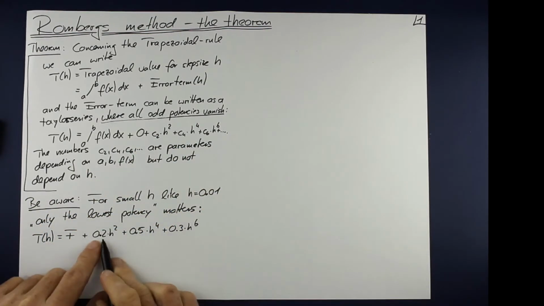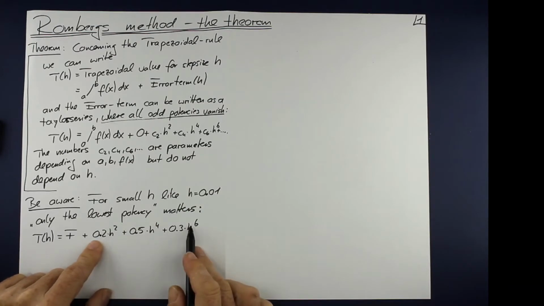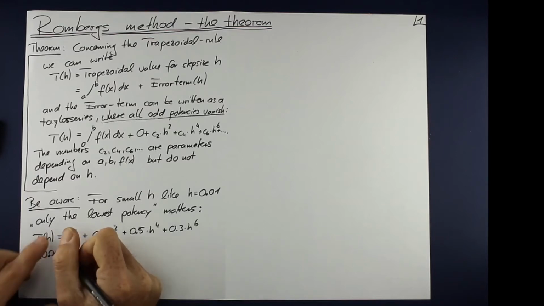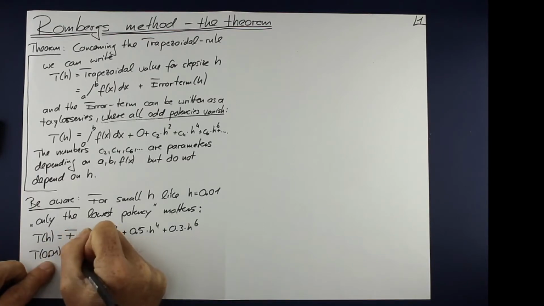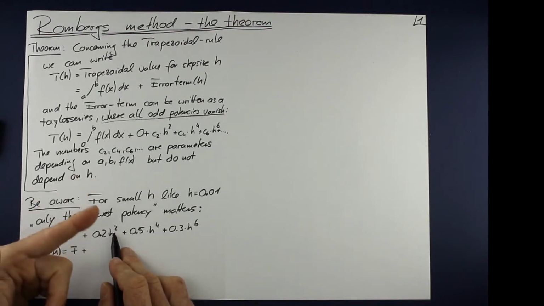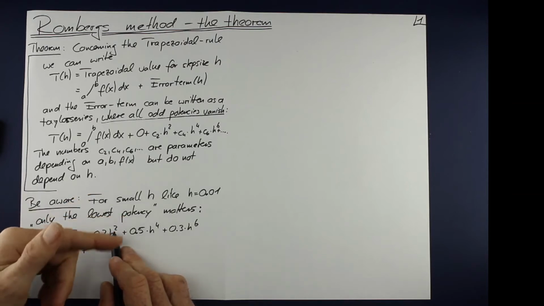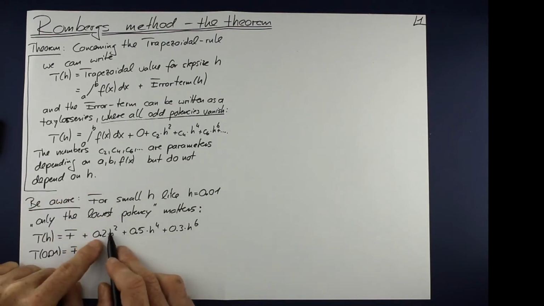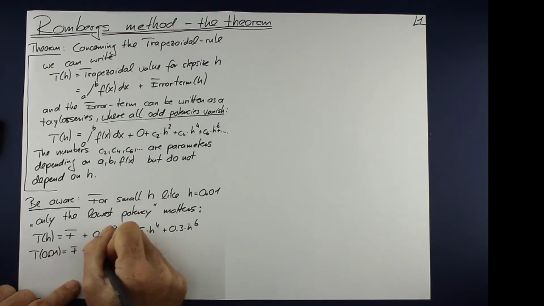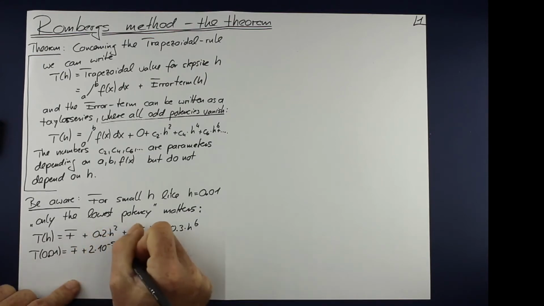Let's assume that this is the error term. Then what will happen? If we use h to be 1 divided by 100, then we get 0.2 times 1 divided by 100 squared. This is 1 divided by 10,000, and this is 10 to the power of minus 4, and so we get 2 times 10 to the power of minus 5.